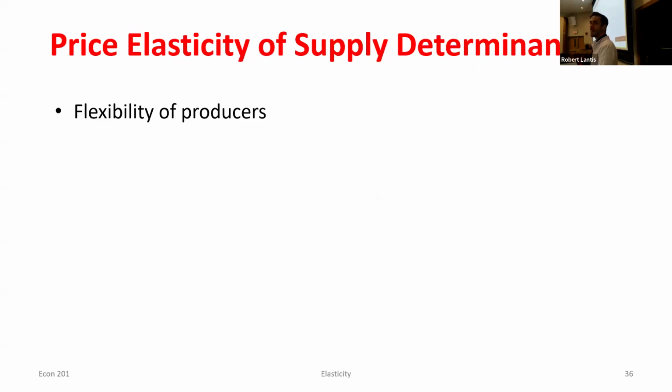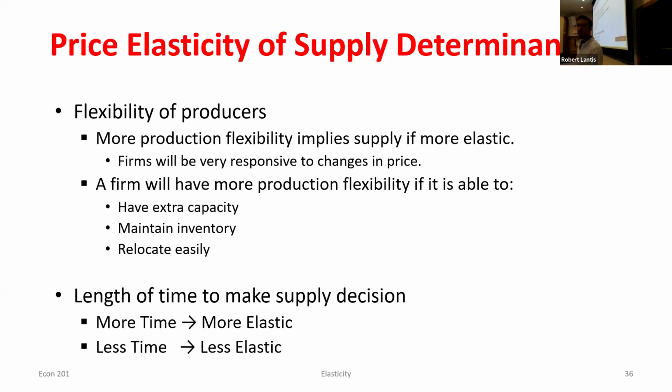Now, we can think about some things that will change supply, whether or not it's more or less elastic. So if I have more flexibility in my production process, can I be more or less responsive to current changes in price? More flexibility means I can be more responsive. I can kind of pivot, right? So I always think about more flexibility. The best example I think of is if I have a production facility and I have extra capacity.